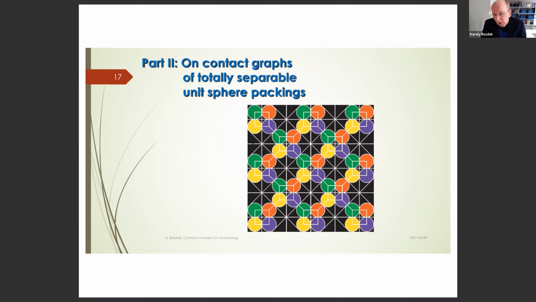totally separable. Putting it somewhat differently, one way to generate a totally separable packing of unit balls is to start with a hyperplane arrangement, and then put unit balls into the cells, the chambers, where you have sufficient space for a unit ball.